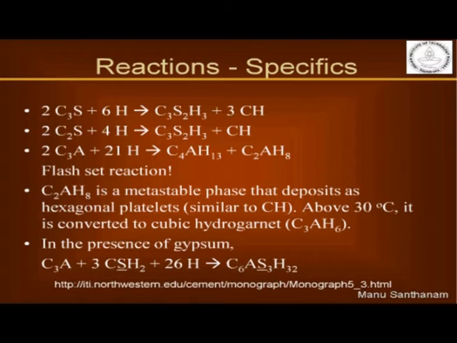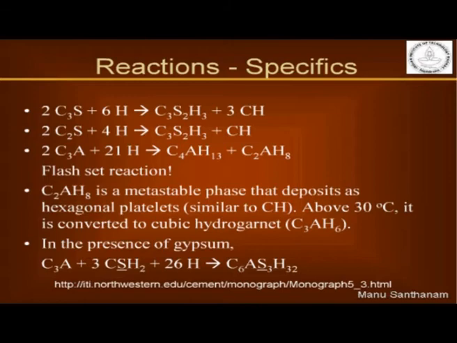So you have 2C3S plus 6H, please remember H is water, 6 molecules of water, giving you 1 CSH, that is C3S2H3, and 3 calcium hydroxides. C3S2H3 means 3 CaO, 2 SiO2 and 3 H2O.